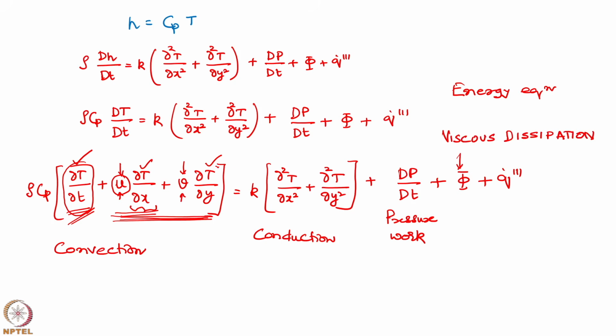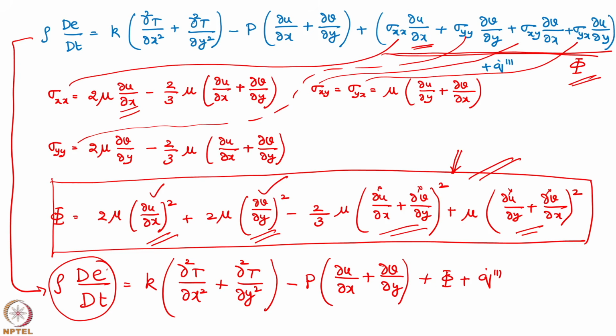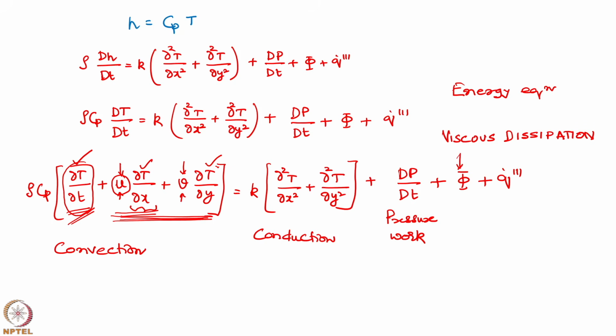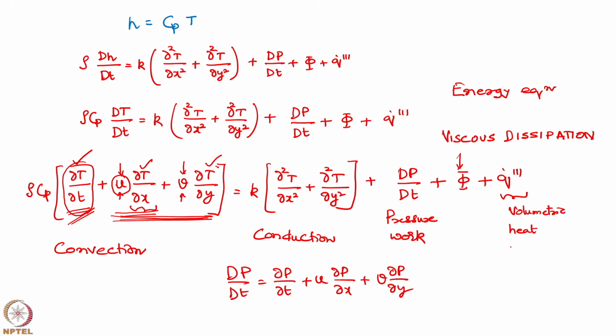Now dp by dt is nothing but ∂p/∂t plus u ∂p/∂x plus v ∂p/∂y, and this is the volumetric heat generation, either through chemical reaction or radiation or electrical heating within my control volume.